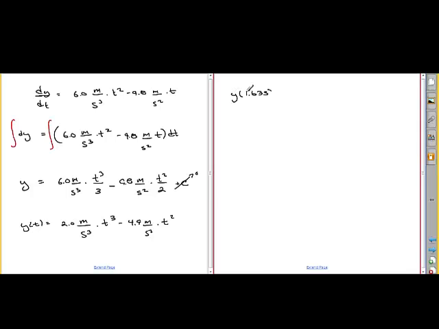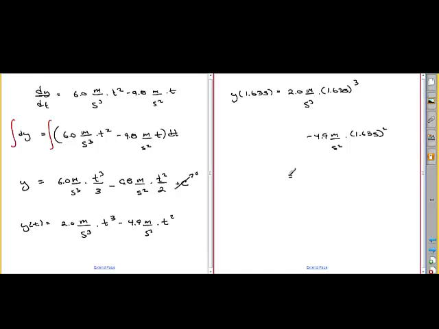So y of 1.63 seconds, we get 2.0 meters per second cubed times t, 1.63 seconds cubed minus 4.9 meters per second squared times that. Let's see, we get 2 times 1.63 cubed minus 4.9 times 1.63 squared.